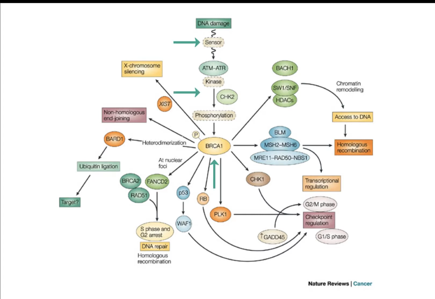They will signal BRCA1, and it will then stimulate homologous recombination. It can stimulate other repair pathways, and again, if it's unable to repair or senses much more damage than can be repaired, it will then signal P53, which will start the apoptosis process by stopping the cell cycle, and eventually the cell will die.